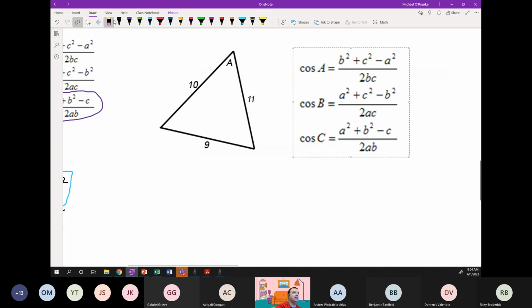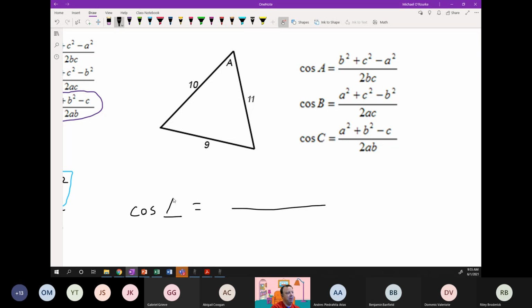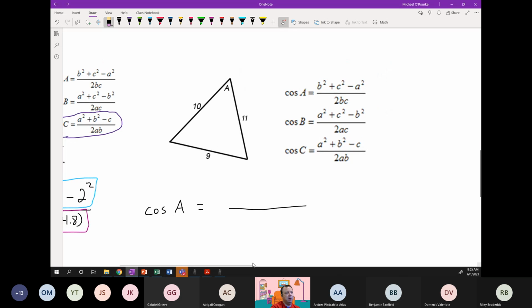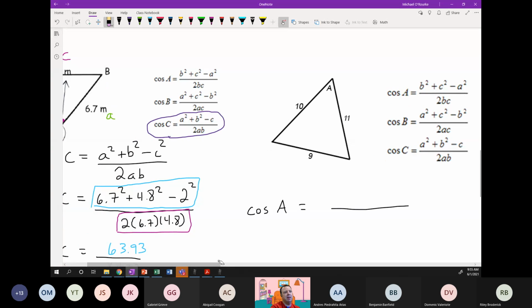I want you to get to this step here, and I'll zoom out so you can see the other one. I want you to get to where we have it written down: cos A. We're trying to find angle A equals what? I want you to fill in those numbers. Is that achievable for everyone?